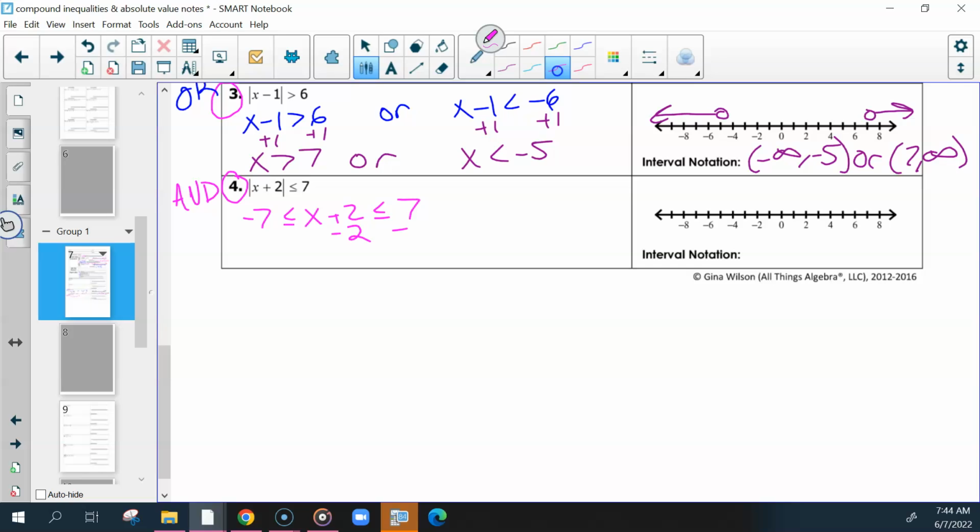Then we could subtract everything by 2 to get our condensed inequality. So between -9 and 5 would be our graph. And our interval notation would be -9 to 5, both with brackets.